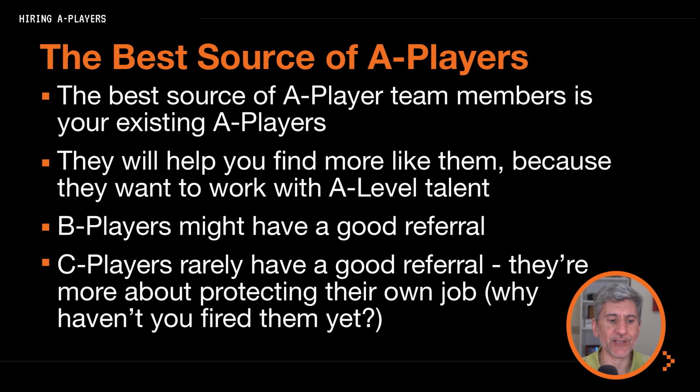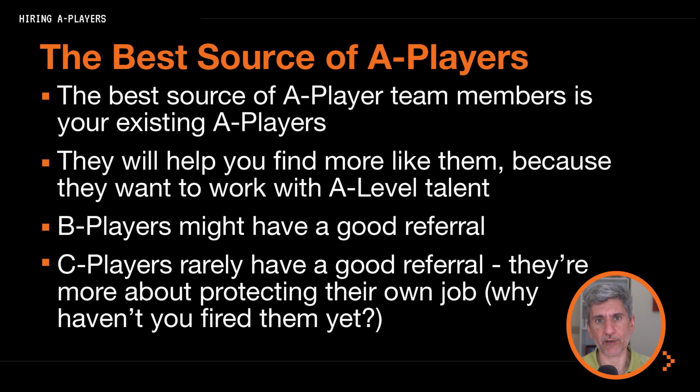And the interesting thing is that a C player is more interested in protecting their job and being able to continue to hide from accountability. So asking them, they might actually not give you A players because they know that an A player is going to expose them. They may have worked for A players in the past and didn't do so well under those A players as a manager, and they kind of moved on from the job, and they don't want to be in that situation again.